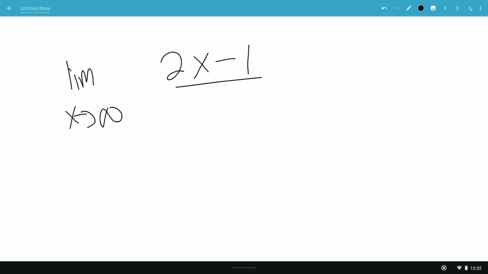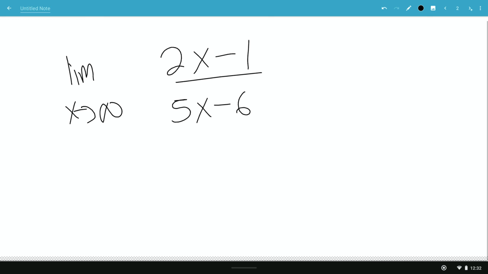Another example would be the limit as x goes to infinity of (2x minus 1) over (5x minus 6).